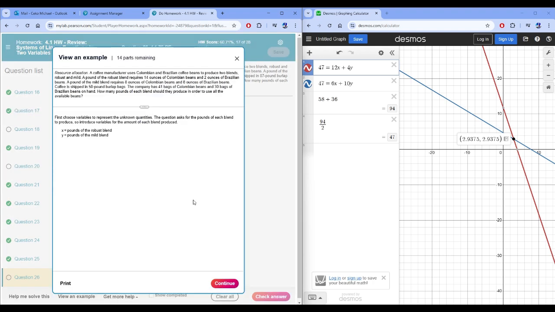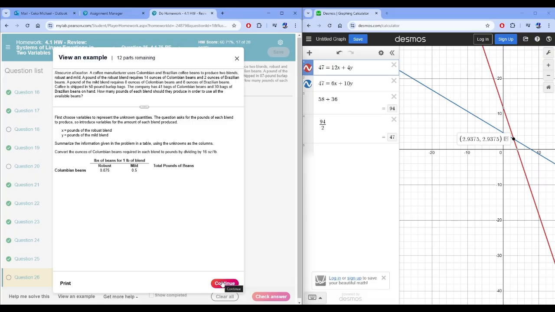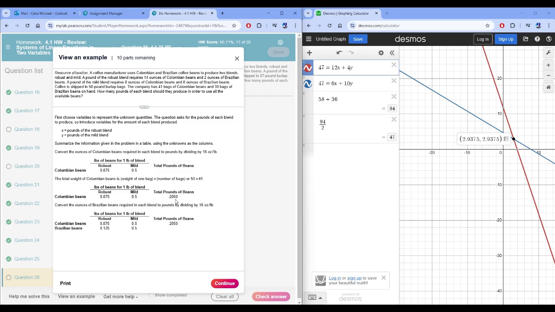Alright, let's do this one more time. Total weight, 41 bags. Oh, it tells us how much they're each in.